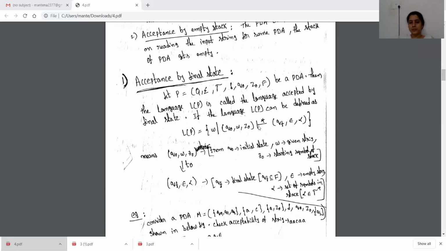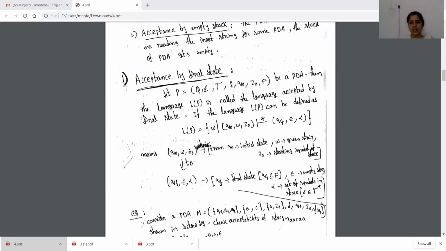By applying some transitions, if we can go to the final state qf after reading the whole string, meaning the remaining input is epsilon, with some alpha in the stack. The main thing here is if we can go to the final state, then we say that the string is accepted by final state.